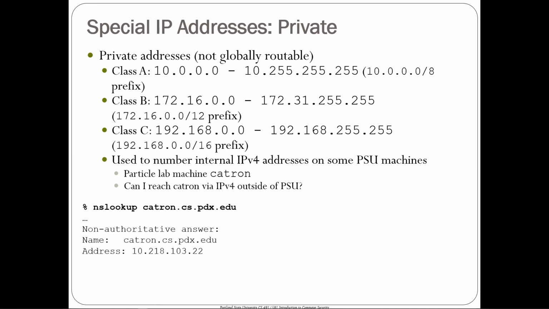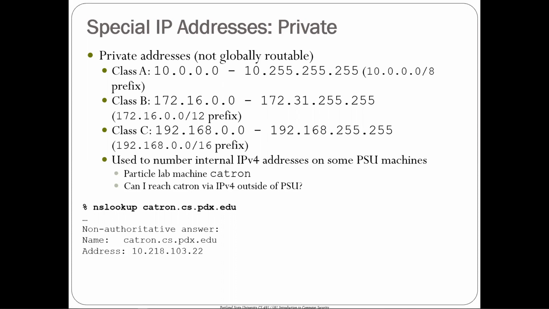So this is actually used to number all the machines in that lab over there. Like Catron, for example, if you do a lookup on Catron from outside Portland State, you'll get a 10 address. So you cannot connect to Catron from a remote location using IPv4.